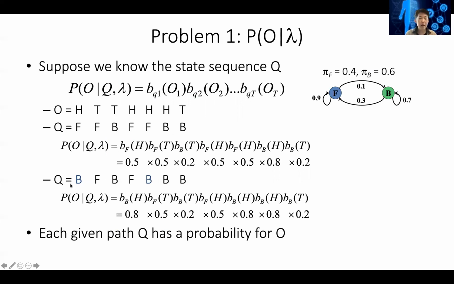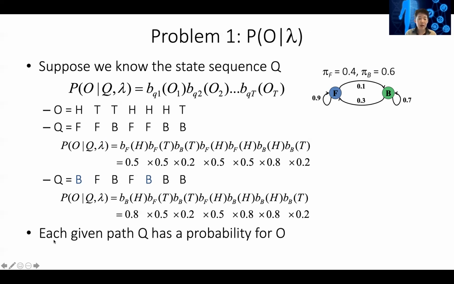If I give you another string of coin order, which has these two coins changed, we can calculate the probability again, which will give you a different result from the path above, but it's a very easy calculation.